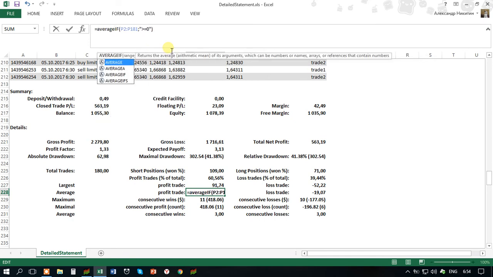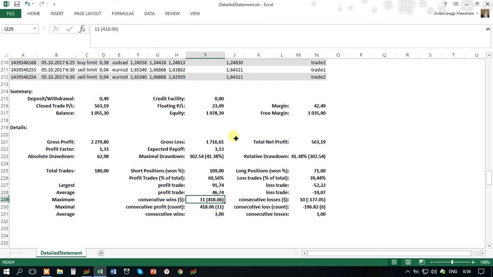Average if within this range more than 0, and it will give us the average winner. Okay, let's calculate the average loser as well. Here, average loser. Control V, change this to less than 0. Perfect. Okay, 46 pips is the average winner, 41 pips is the average loser.